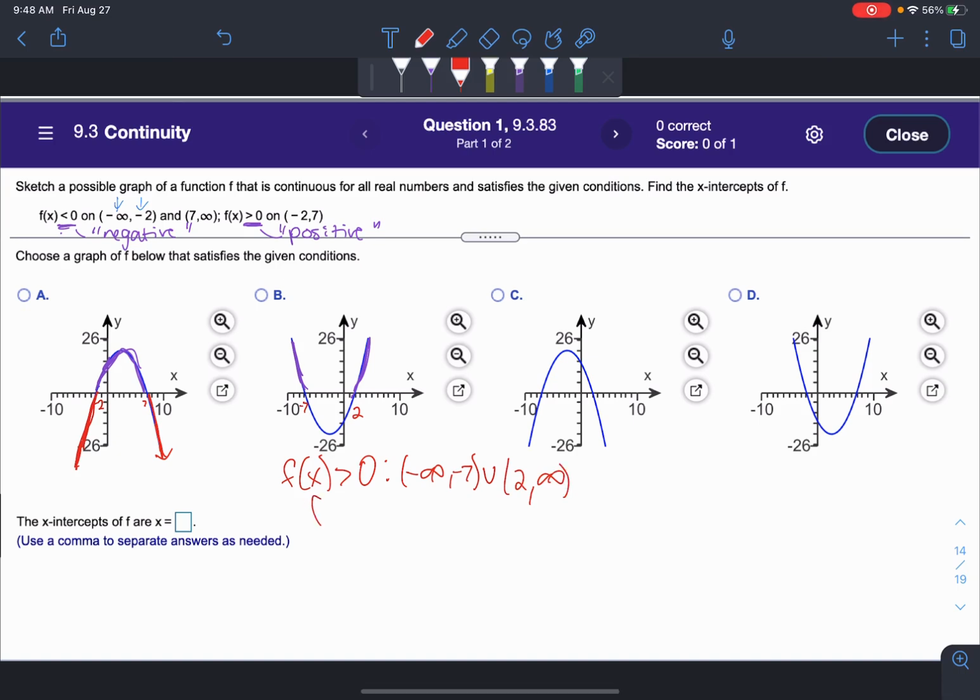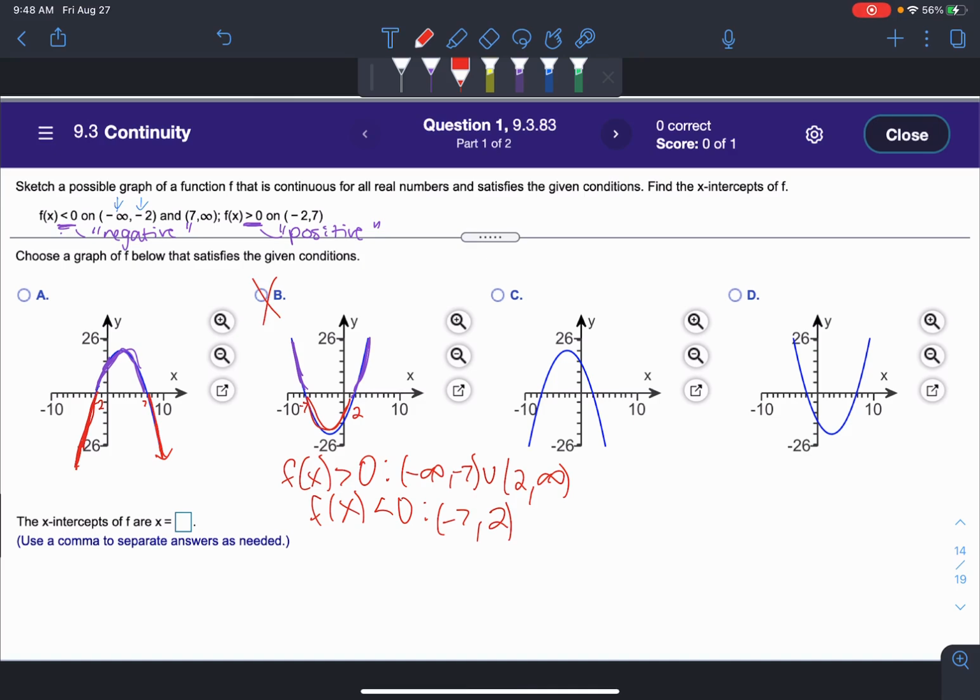And then f of x is less than 0, or negative, it's below the x-axis, in between. So that does not exactly match what we were given. So let's throw B out.